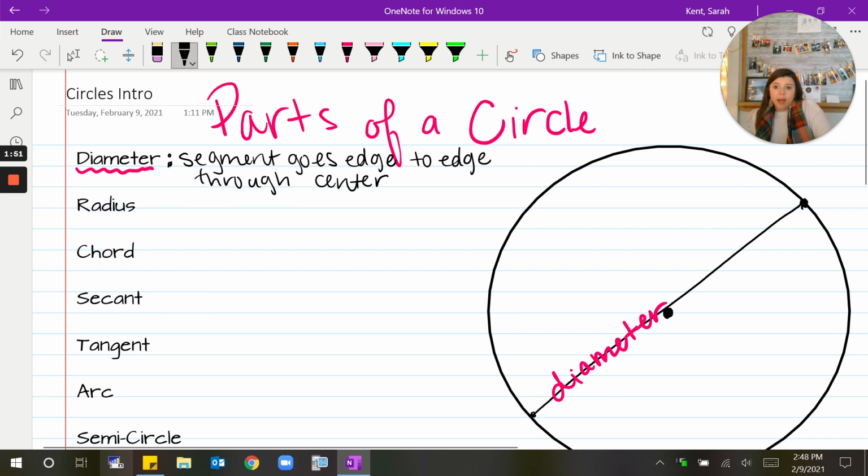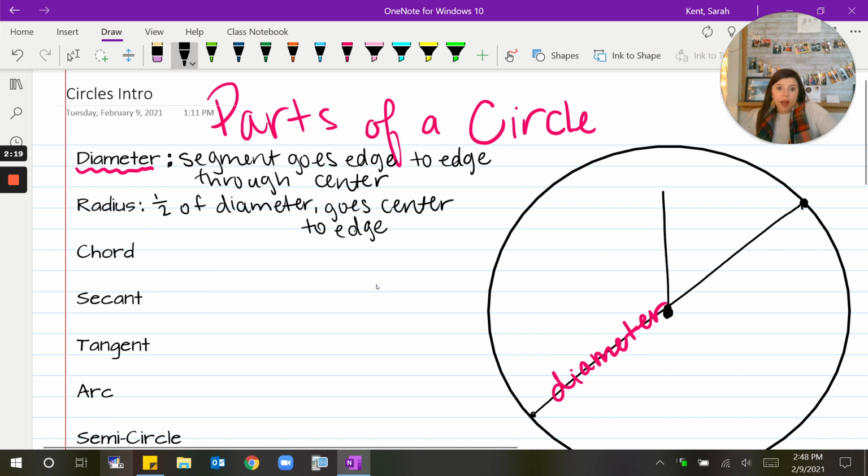So then our radius is simply half of the diameter. It goes center to edge. So our radius goes from the center out to an edge.